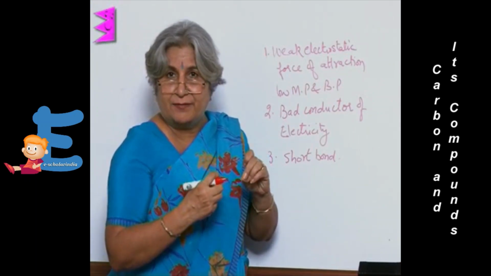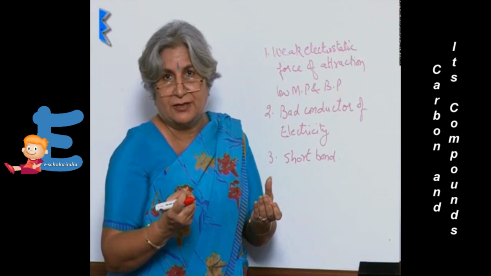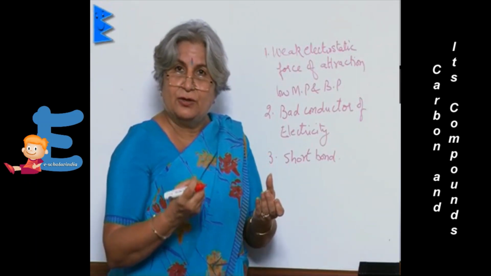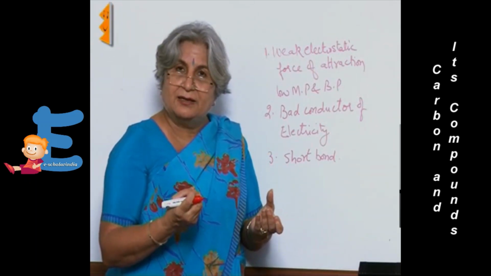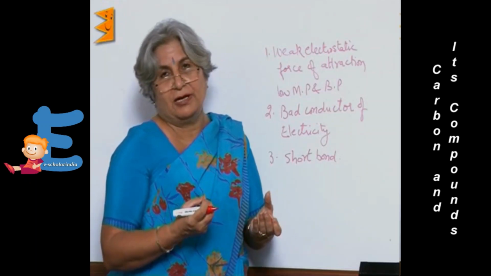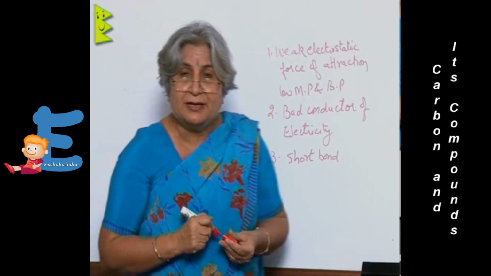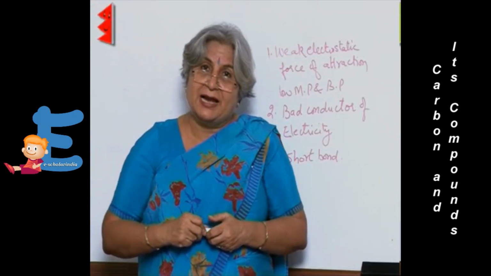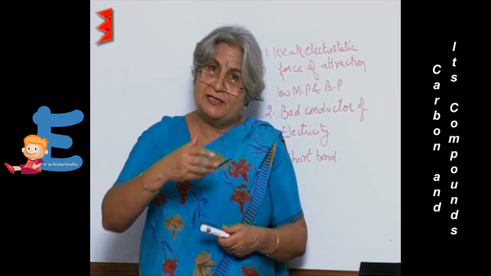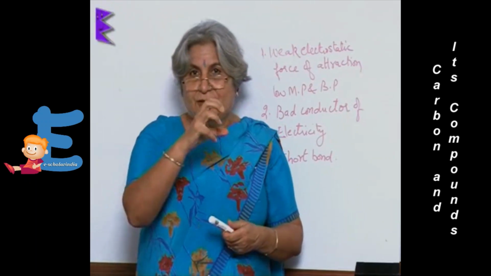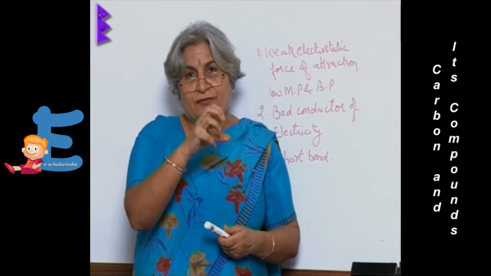Why is it less? Because there are only 6 electrons which get distributed in 2 shells, K and L. 2 in K and 4 in L. So the bond is short. Now imagine if an element has high atomic number, the number of shells will be more. So the effect of the nucleus will be less.